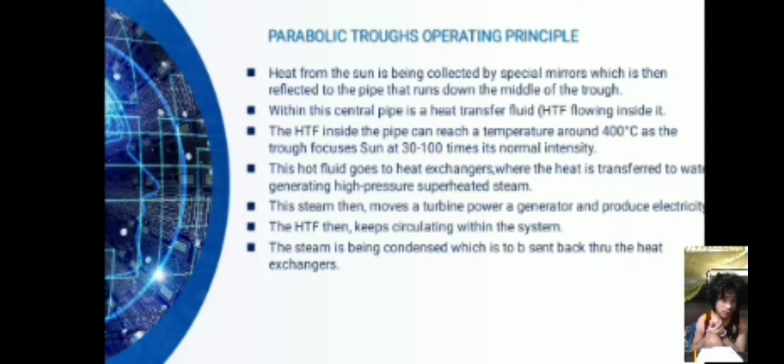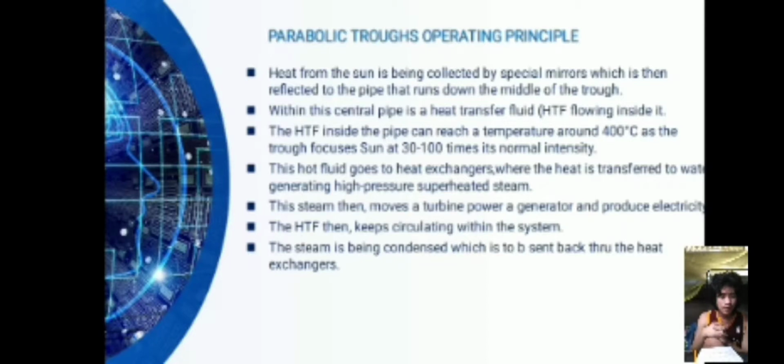This hot fluid goes to heat exchangers where the heat is transferred to water, generating high pressure superheated steam. So, yung HTF na to or hot fluid pupunta siya sa heat exchanger. Then, doon sa heat exchanger, ita-transfer niya yung heat niya sa tubig, generating high pressure superheated steam. This steam then moves a turbine power generator and produces electricity.